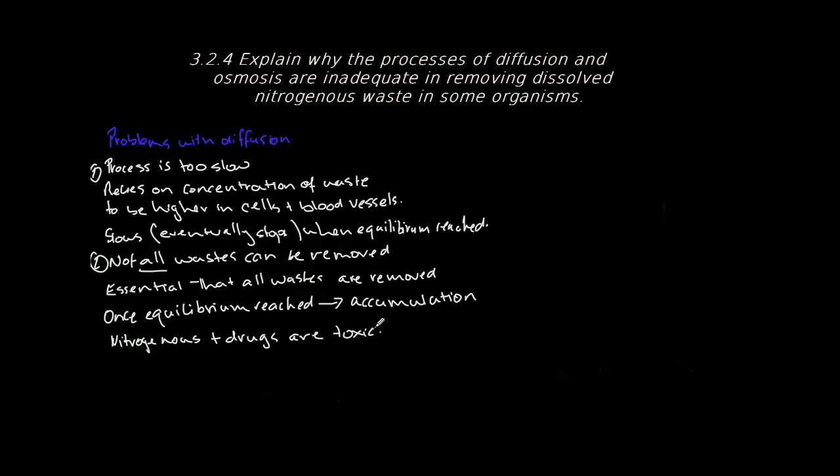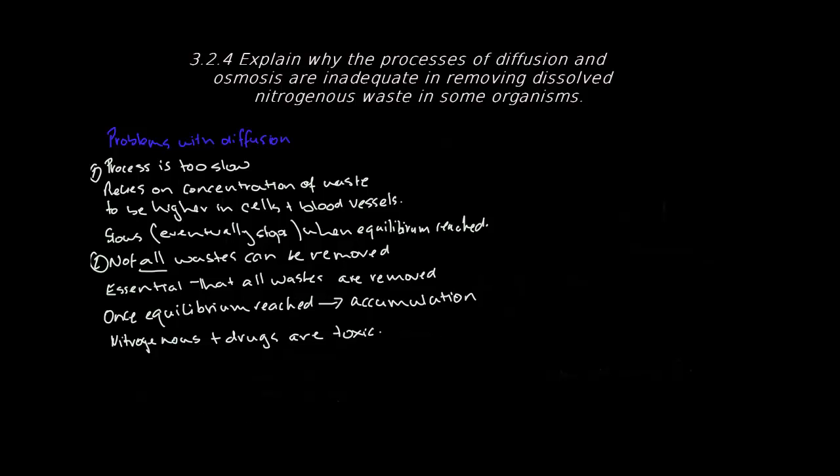Now the reason they're toxic leads back to what we've been looking at this whole topic so far, that anything that changes homeostasis reduces the effectiveness of the enzymes and decreases metabolism. If you're at decreased metabolic function, it slows down the organism's ability to respond to its environment.